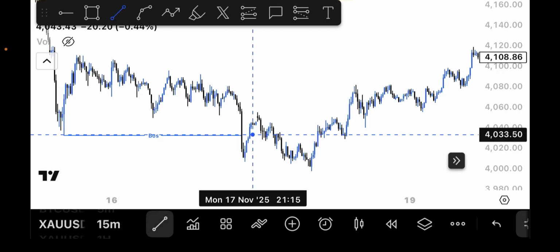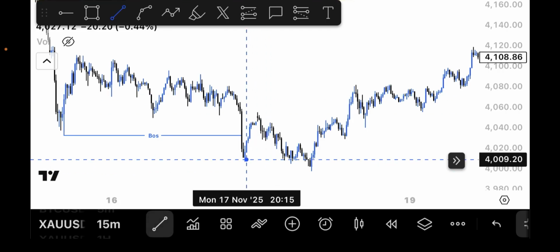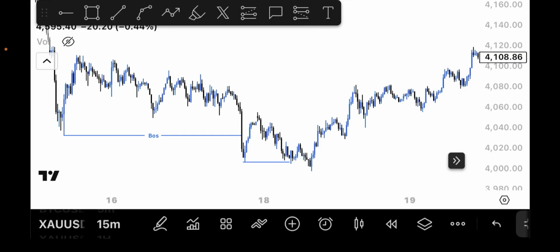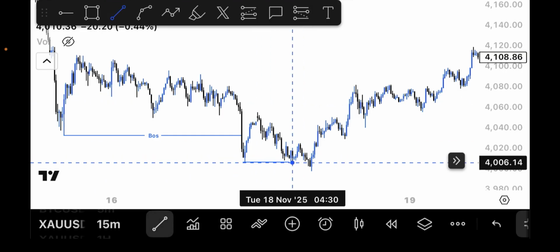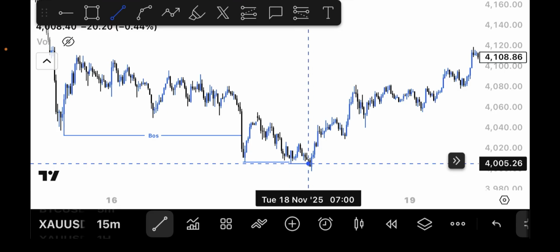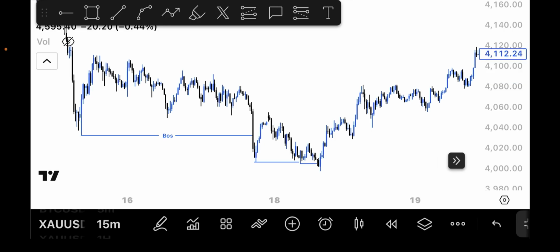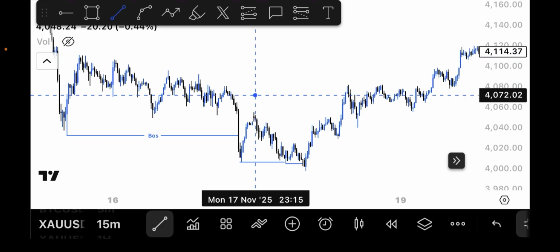Then we have another low here, but this low is swept. We have a sweep of this low. We also have another sweep of our low here, which is break of recent low. Understand? Then where is our high here?